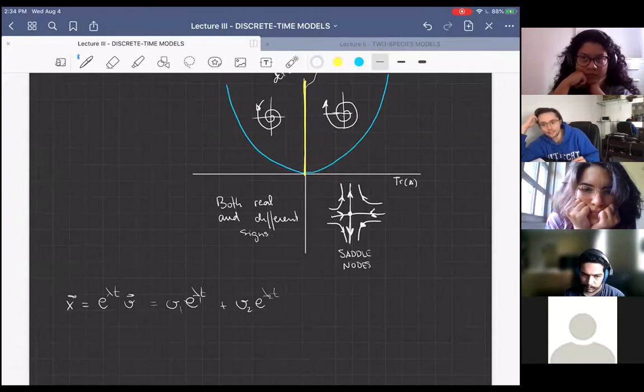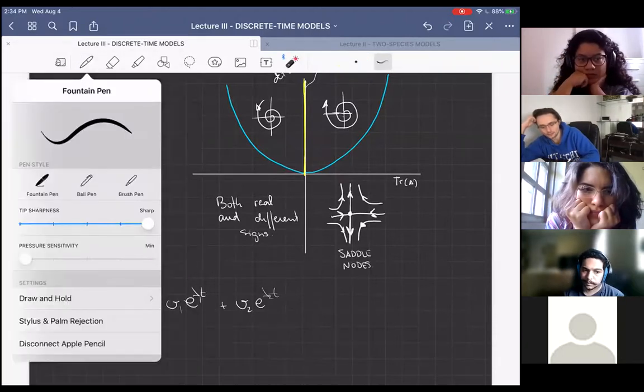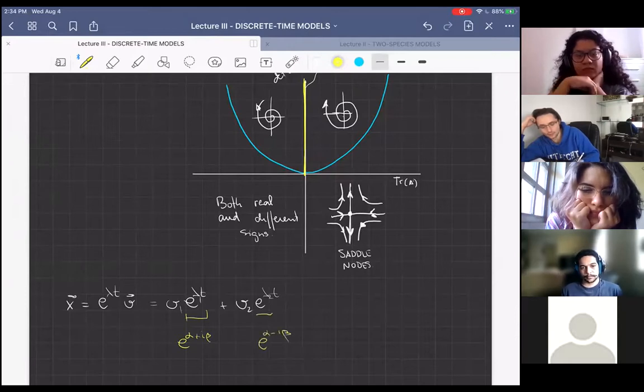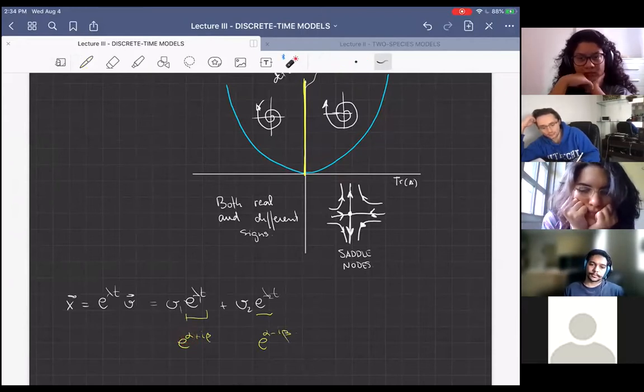If they are complex conjugates, then this is an exponential of this type, right? If lambda 1 is a complex number, then it is this way. So basically, I have a real part in my eigenvalue, and I have an imaginary part.